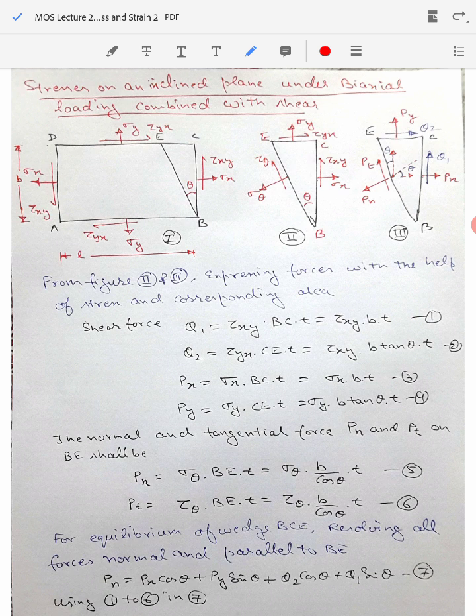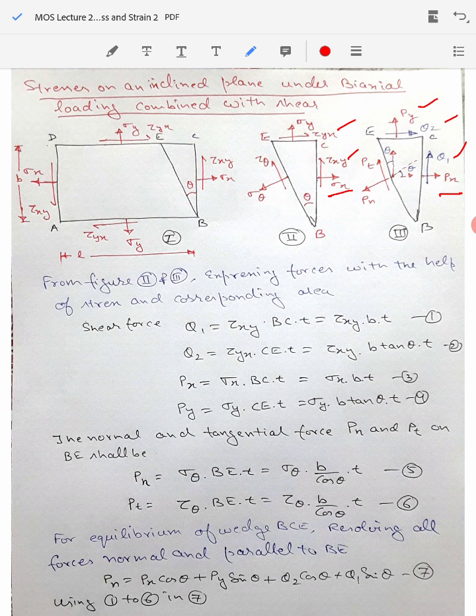As we want to resolve the forces, we need to convert these stresses into forces. The corresponding forces acting because of these stresses are shown in the third figure. You have the force Px acting because of the stress sigma x on the BC surface, the force Py acting on the surface EC, the shear force Q1 because of the shear stress tau xy, and the shear force Q2 because of the shear stress tau yx.